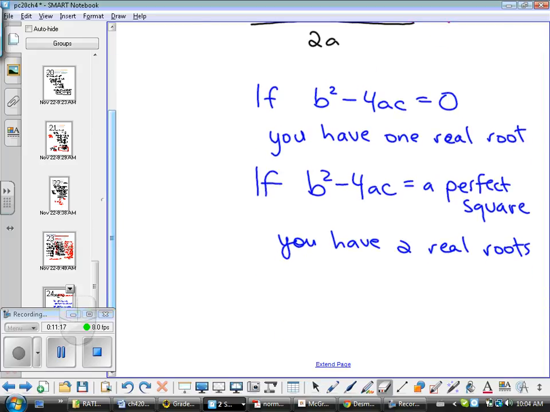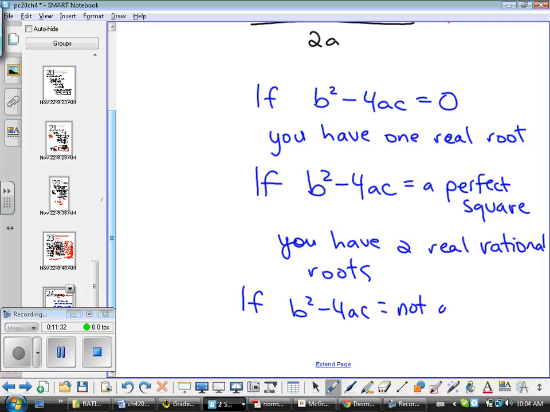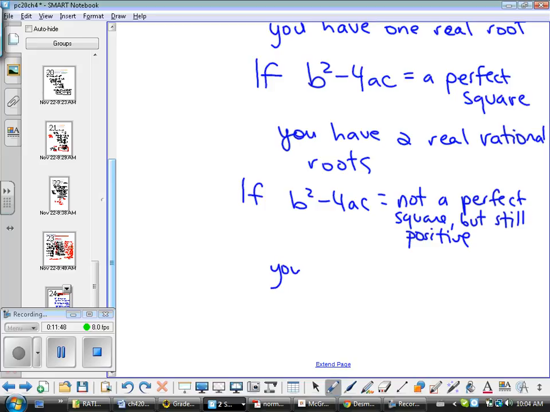Two real irrational roots, if b squared minus 4ac is not a perfect square, as long as it's still positive, because that square root sign is not going to go away, since you can't take the square root of the number under it.